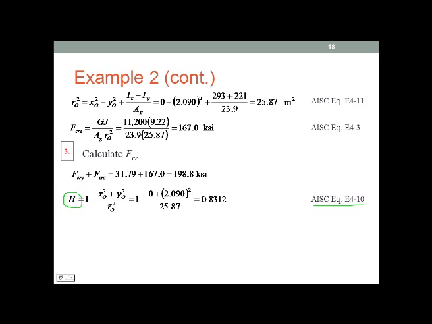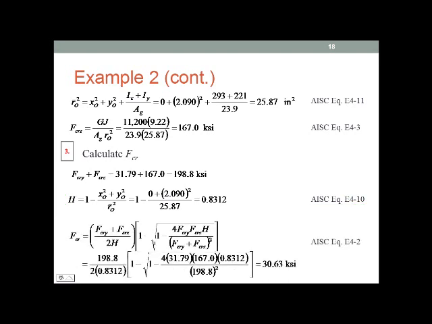Now if you substitute for the unknowns, you'll get H of 0.8312. Remember that the steel construction manual does not provide the values of term H for T-sections. Instead, the term H should be calculated using equation E4-10.